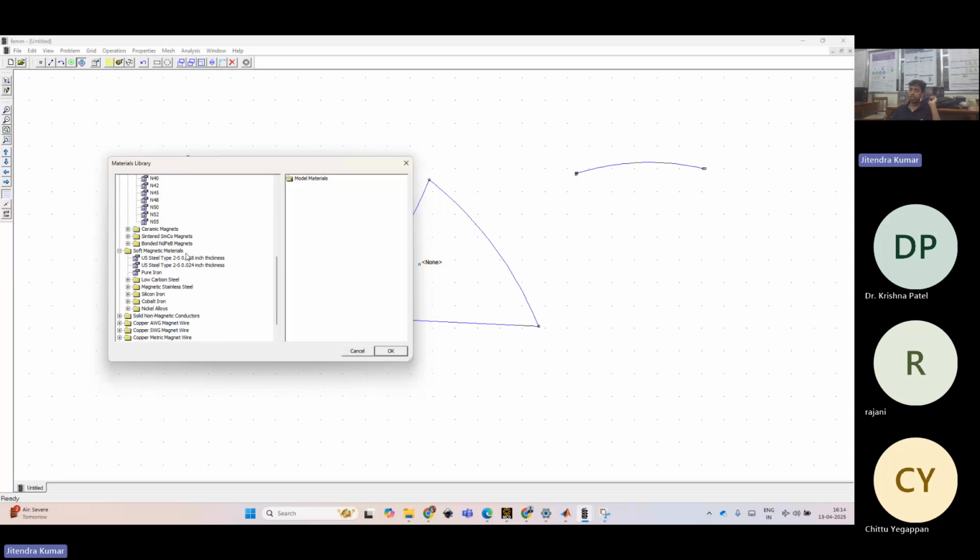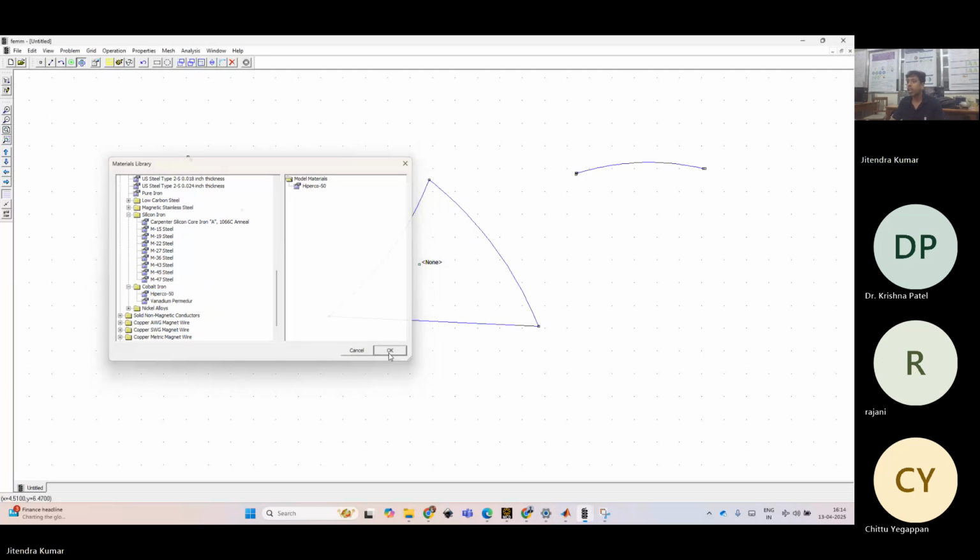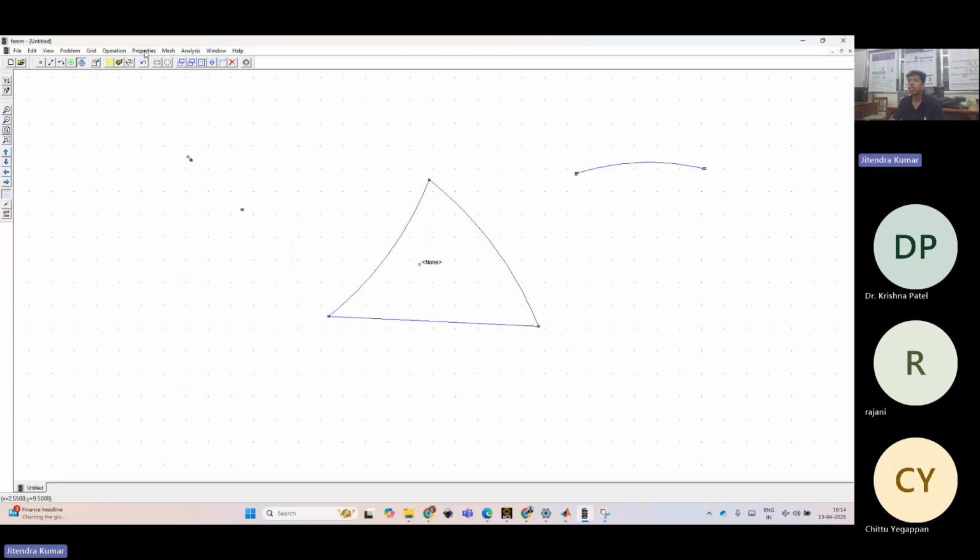Soft magnetic materials, which refer to the core. And here, which kind of silicon steel? M19 to M47, cobalt iron, Hiperco and vanadium, right? So you have to bring it here and like that. So now you have brought your materials in the library.